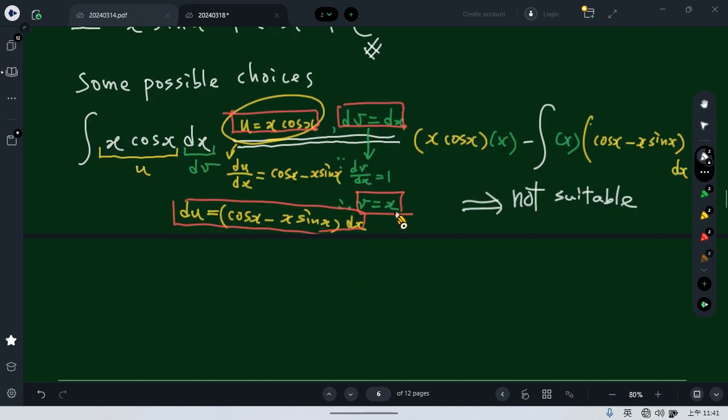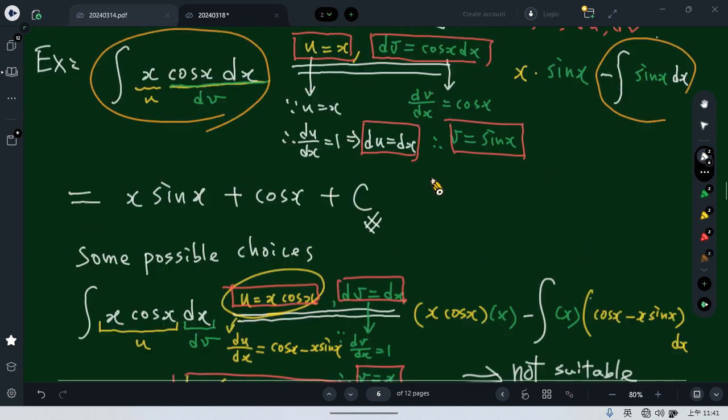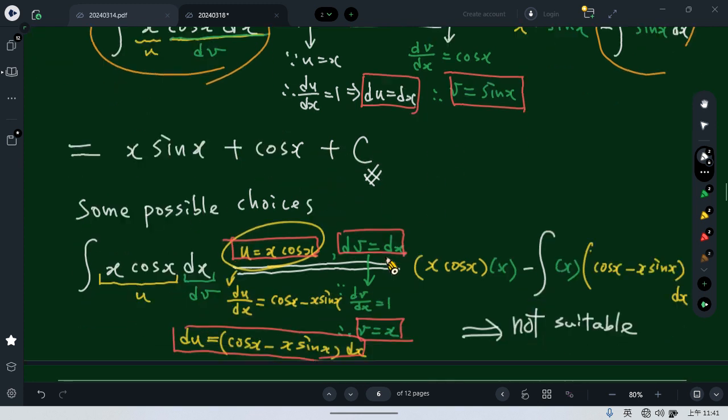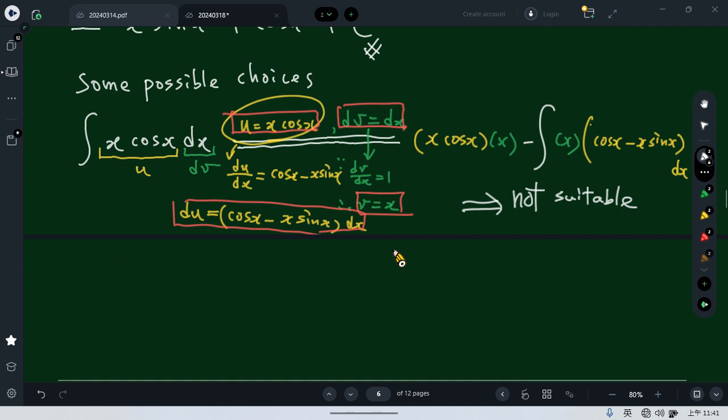So if you follow this way, I'm afraid you cannot make it. But if you follow this way, you can get the final result just like this one. So that's why I say, sometimes if you choose integration by parts, if you are lucky enough, you can get a simpler integration form. However, if you choose a wrong way, maybe you will make the calculation become much complicated.